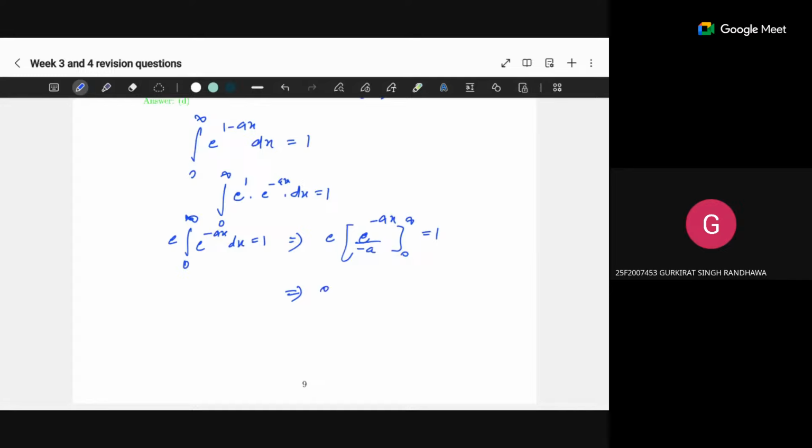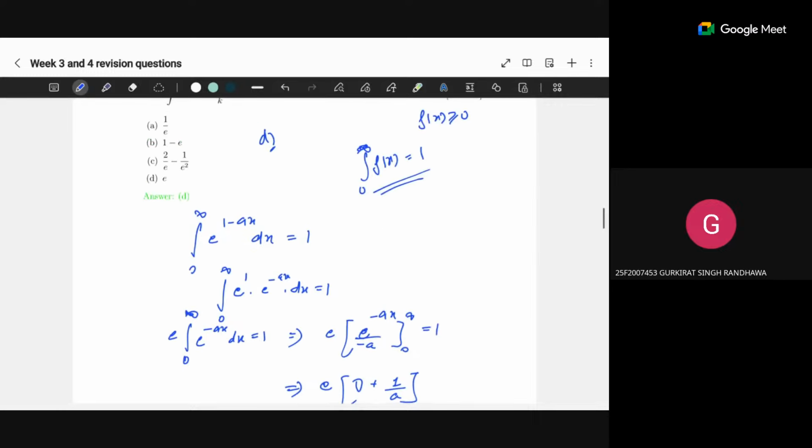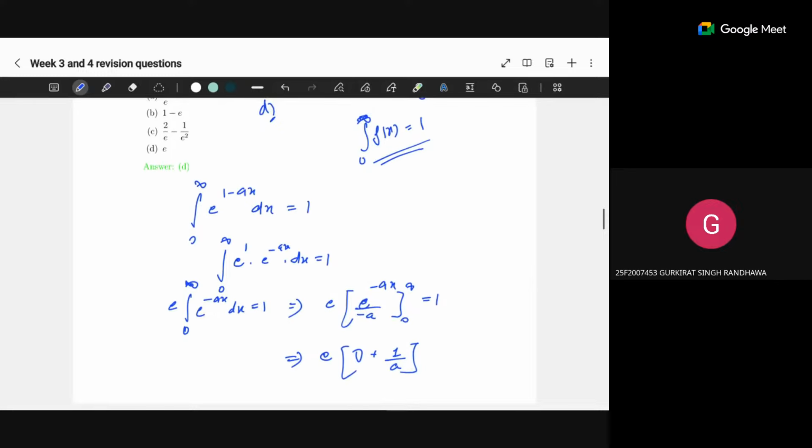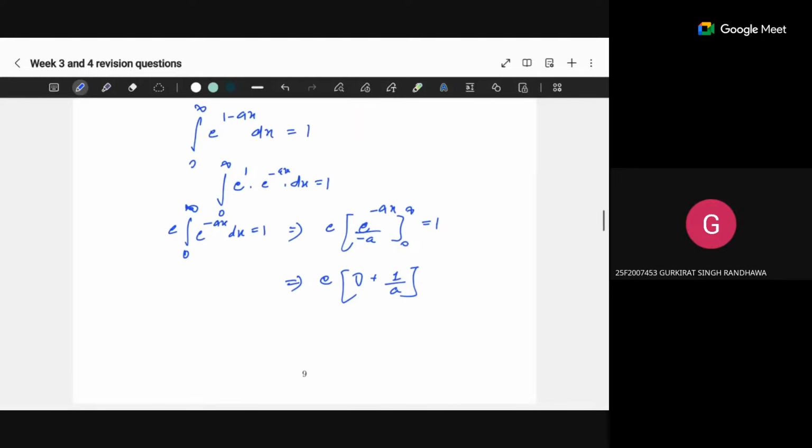So e times, if I put infinity, this is basically 0, and if I put 0, this will be e raised to the power minus a into 0, which is e raised to the power 0, that is 1. So 0 minus 1, which is basically 1 only.